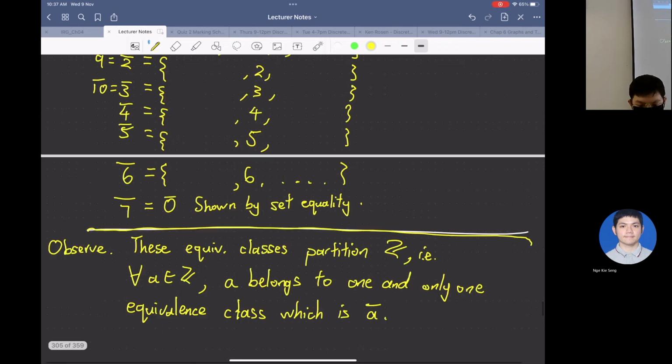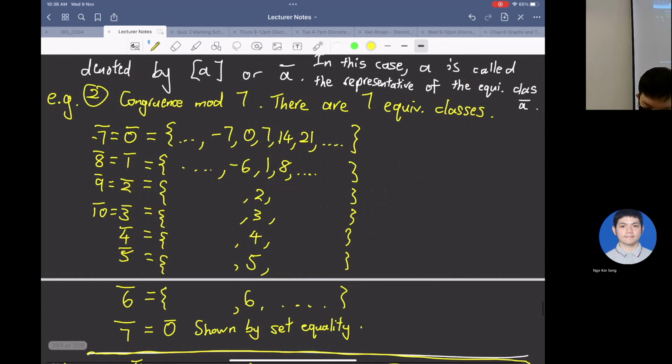So for example, if you pick me a number in Z, I can arrange it into one of these equivalence classes. For example, if I have 101 in Z, which equivalence class does 101 live in?